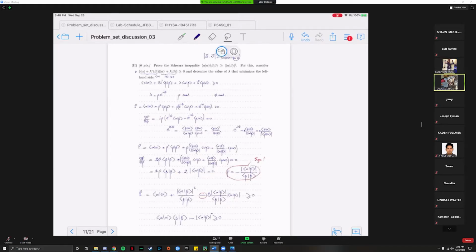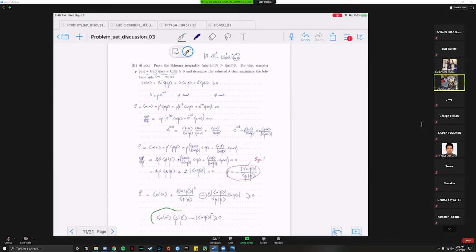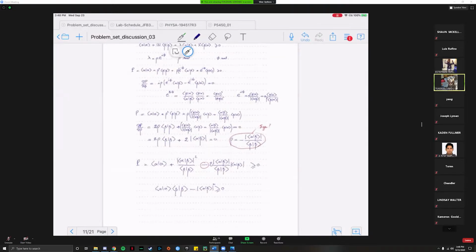No, so this inequality is exactly this one, right? Yeah. Okay, so we see that we have this minus sign right here.